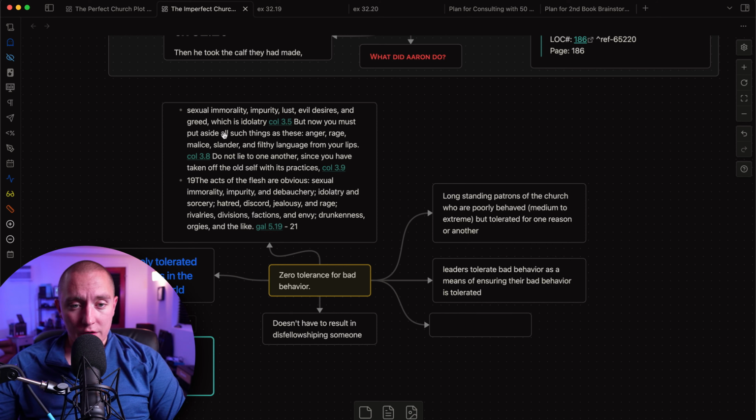Let's look through this list here. Anger, rage, malice, slander, filthy language, impurity, debauchery, idolatry. I mean, obviously idolatry. Thinking here, idolatry of casual profanity. I'm going to actually add that to the list. I think that is largely tolerated. Idolatry.